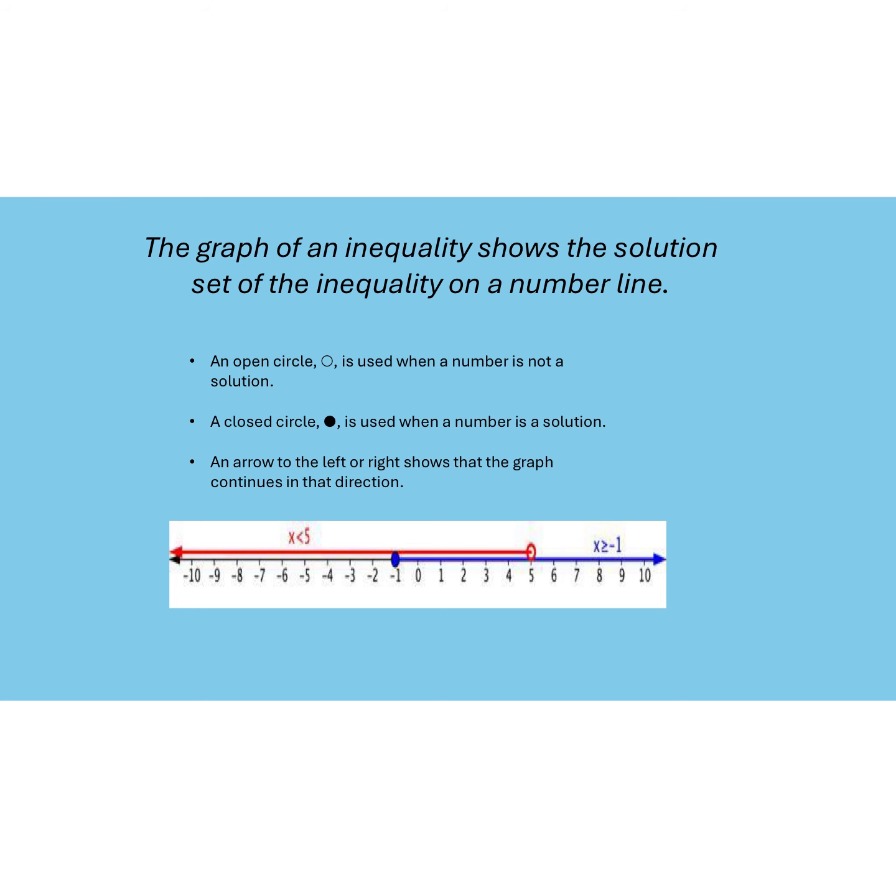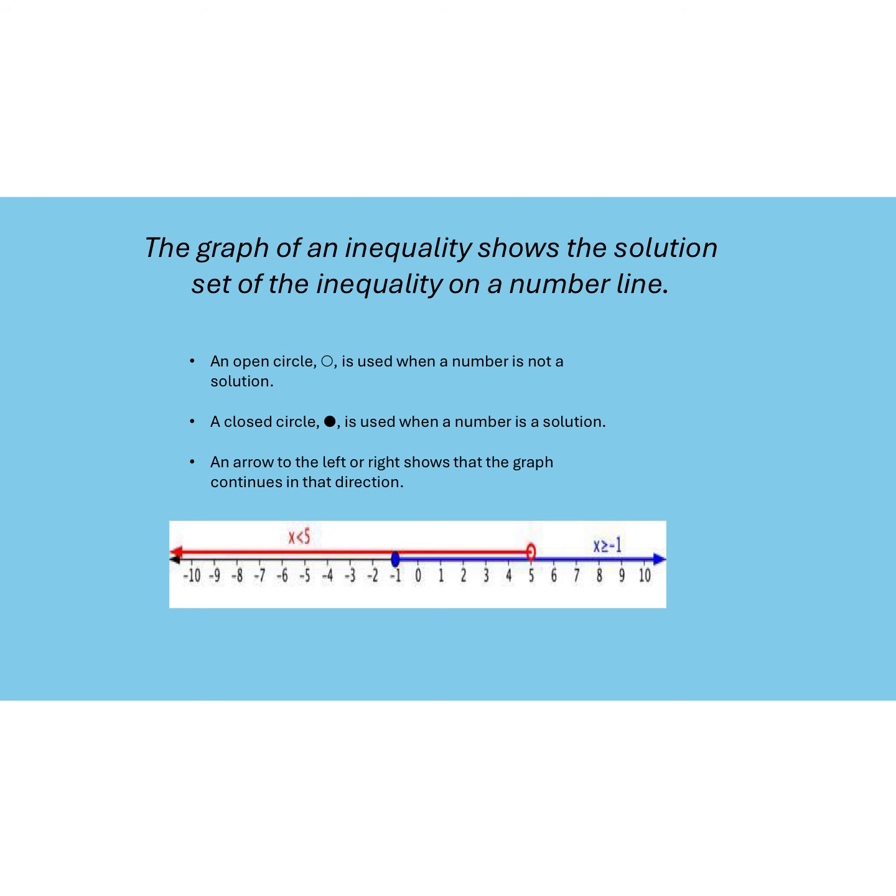If you write a graph, like x is greater than or equal to b, you could do an open circle or a closed circle. An open circle is used when a number is not a solution. And a closed circle is what? When a number is a solution.